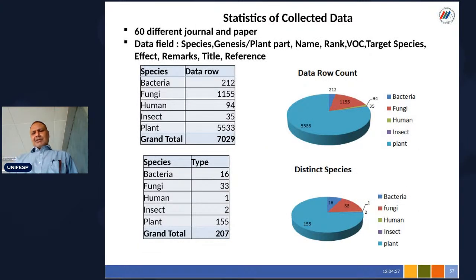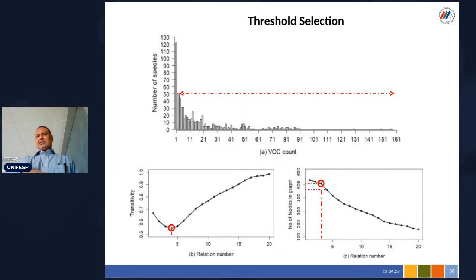We don't want to discuss that much about this. We collected data on bacteria, fungi, and also insects, and created a bipartite network between species and VOCs. So this species produces this type of VOC, and this is a summary of the data.